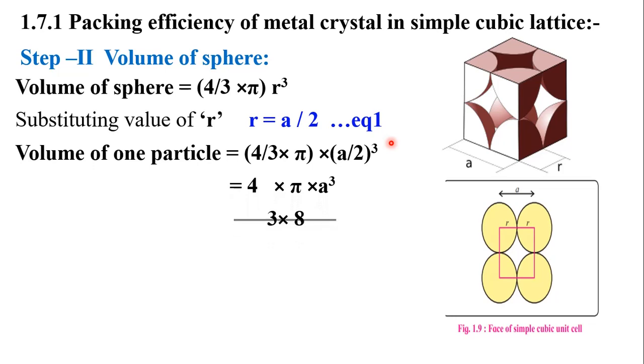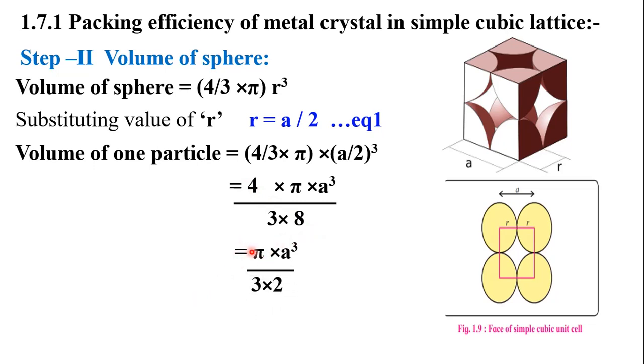That is equal to what? See here, 4 by 3 into pi into A cube divided by 2 cube, and the cube of 2 is 8. So 3 into 8: 4 into pi into A cube divided by 3 into 8. And that is equal to what? 4 by 8 is nothing but 1 by 2.